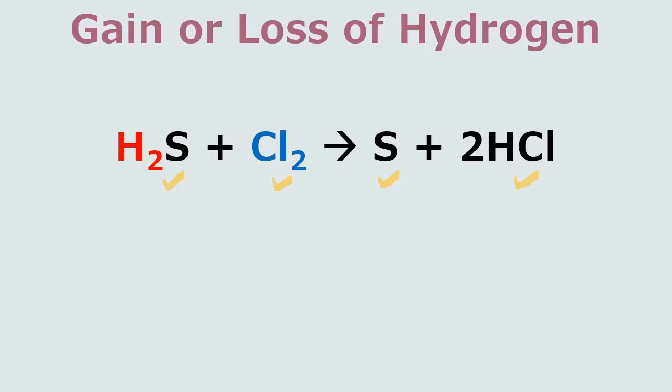In this reaction, hydrogen sulfide loses its hydrogen, while chlorine gains the hydrogen to form hydrogen chloride. What are the reactions that occur in this experiment?